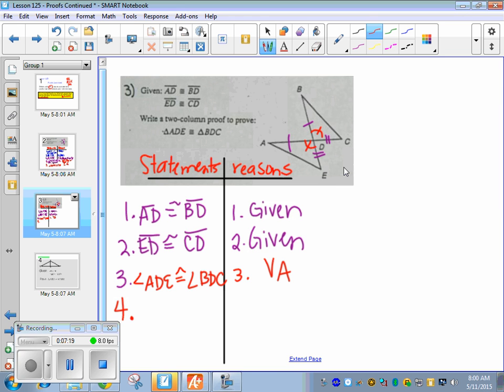We don't know that. But we do know, anybody know? Peyton? Yep. Now we know the triangles are congruent by side angle side. All right. We only have 3 things to state on this one. And we're done.